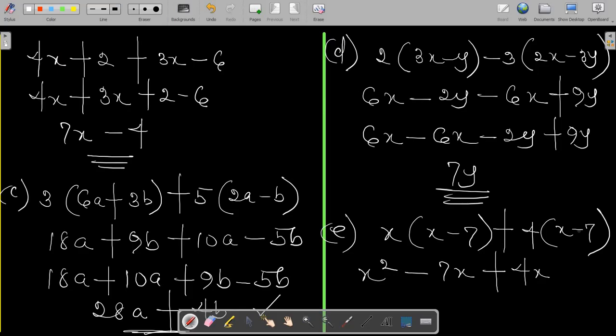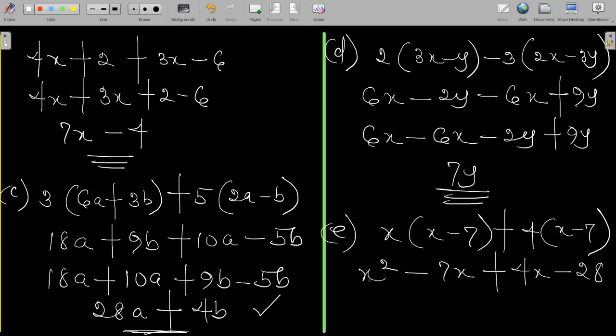Positive times negative we have it to be negative. 4 times 7, we have it to be 28. Then actually here becomes x squared minus 7x plus 4x, we are going to have it to be minus 3x, then negative 28. And that is actually the answer to that question.